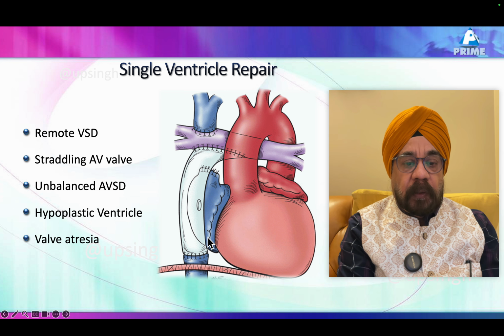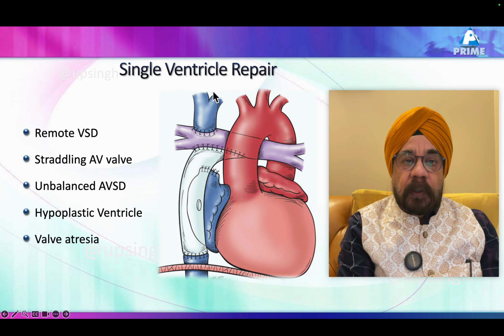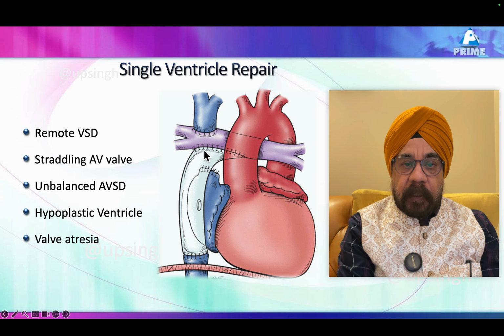What about pulmonary circulation? We connect the inferior vena cava through a baffle into the pulmonary artery. We connect the superior vena cava into the pulmonary artery. So both vena cava are connected to the pulmonary artery directly. Now the blood from systemic circulation goes back to the heart, not through the right atrium, tricuspid valve, and right ventricle.